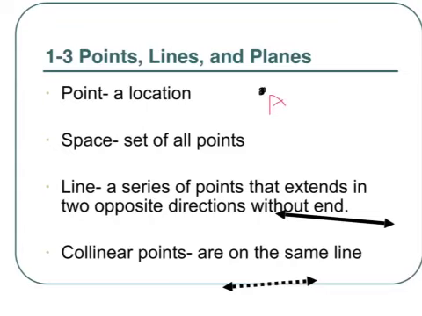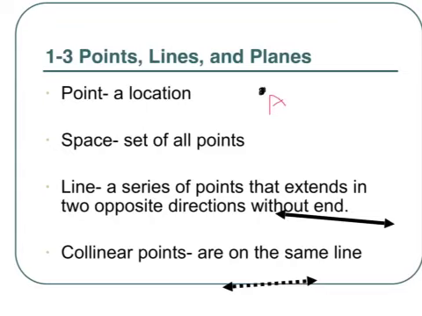The next is space, and space is a set of all points, and that's just everywhere. So we don't really have a diagram for space. And a line, you've experienced a line before, you know what it is when you look at it. However, the proper definition is a series of points that extend in two opposite directions without end.